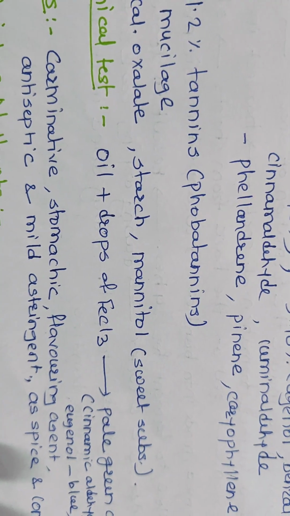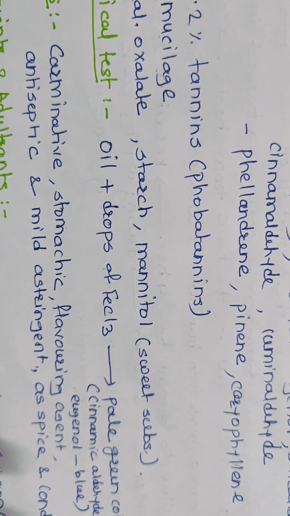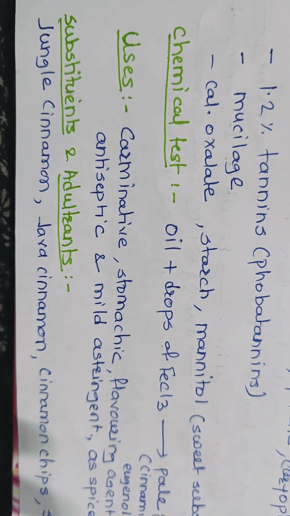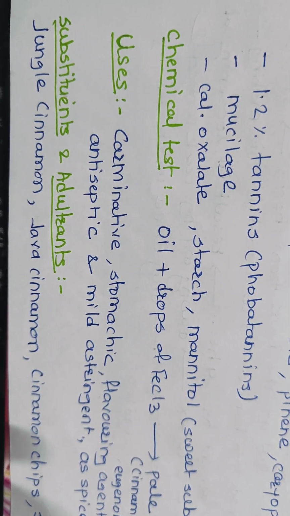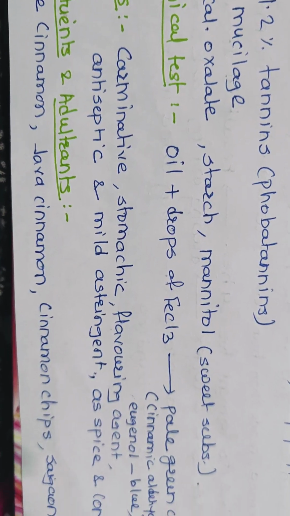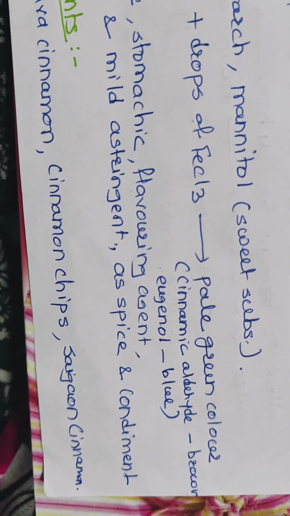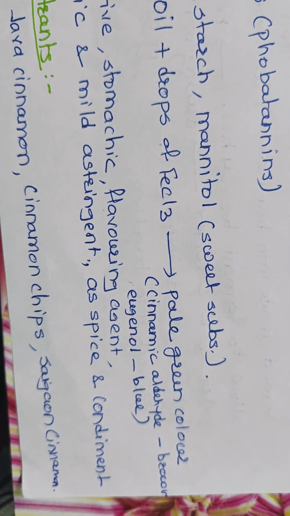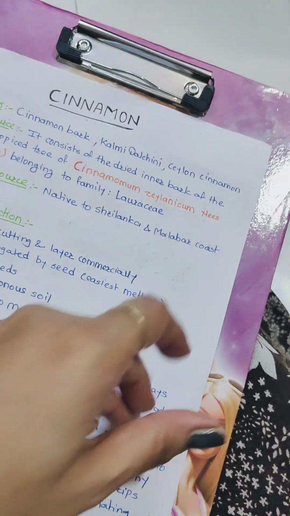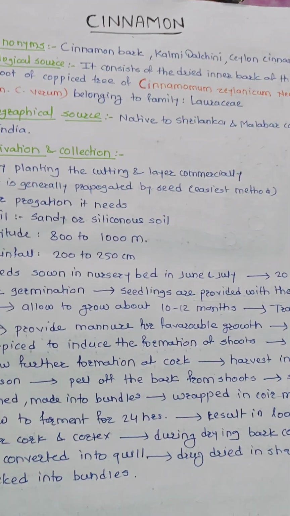It is also used in the manufacturing of candies and bakery products. Then substitutes and adulterants for this drug: jungle cinnamon, Java cinnamon, cinnamon chips and Saigon cinnamon. So this is about the pharmacognosy of cinnamon bark. Thank you.